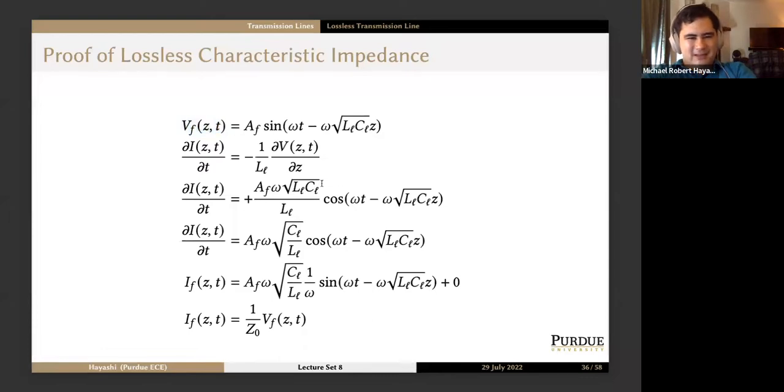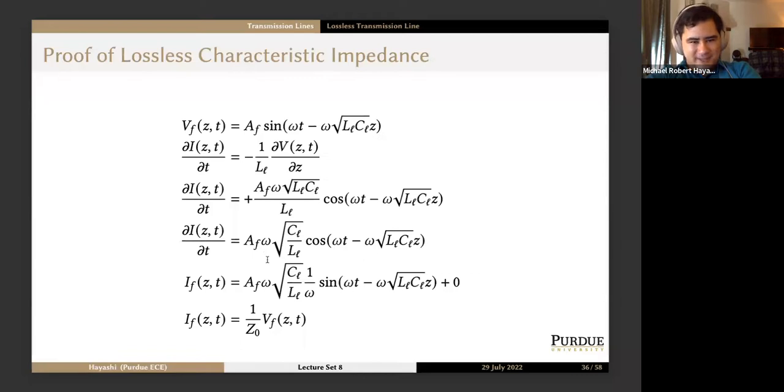When we take the derivative, we'll get an AF. Derivative of sine is cosine of the argument. And then we need the derivative of the inside with respect to z. So we need to bring out a negative omega square root LLCL. But that cancels with the negative in front of the negative 1 over LL. So we get this coefficient right here.